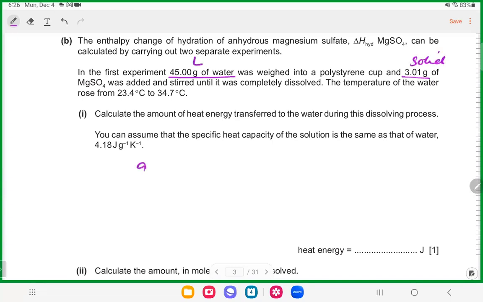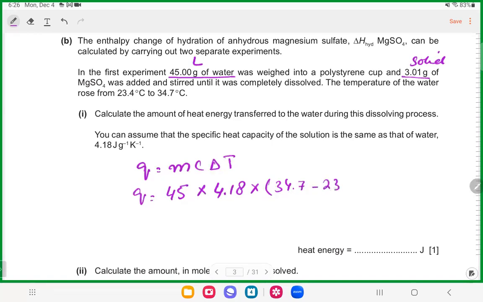So if you apply Q is equal to mc delta T, Q is equal to m should be 45 or 48? 45. Excellent. We do not include the mass of solid. 4.18, multiply by delta T, which is 34.7 minus 23.4. Take out your calculator, please.